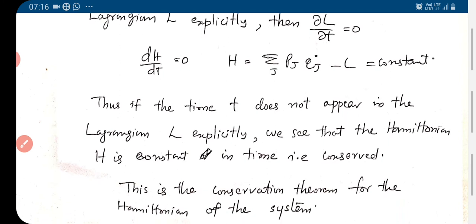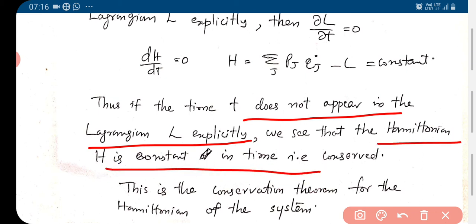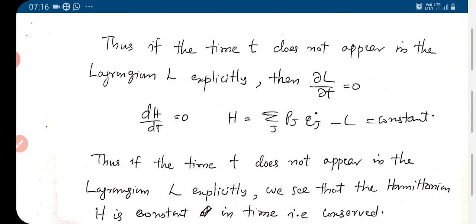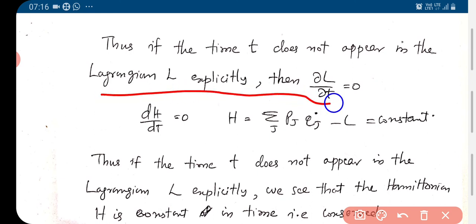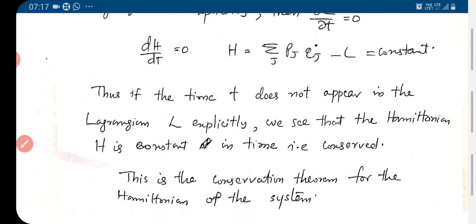Thus we see if time does not appear in the Lagrangian explicitly, then the Hamiltonian H is a constant in time and is conserved. So this is the conservation theorem for the Hamiltonian. If a Lagrangian does not contain the time explicitly, then this will be a constant, because this ∂L/∂t is 0.